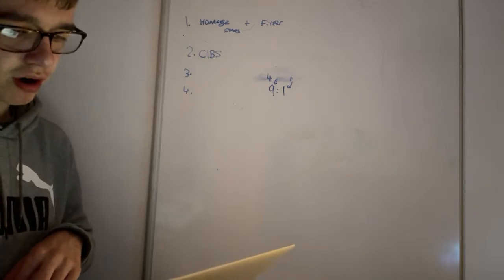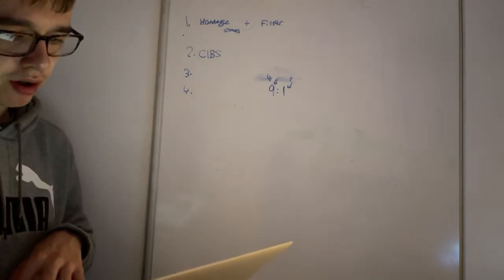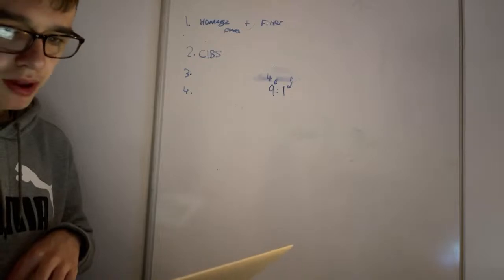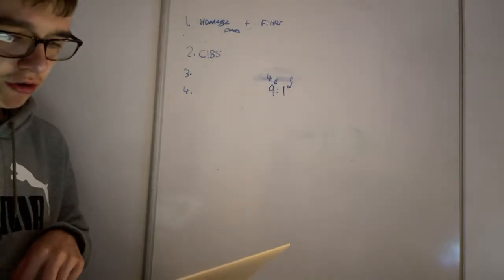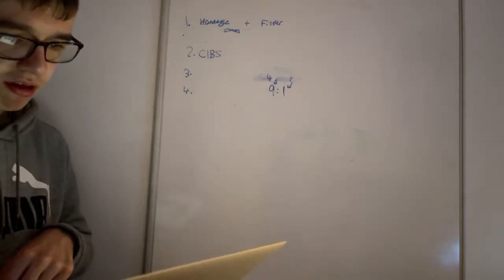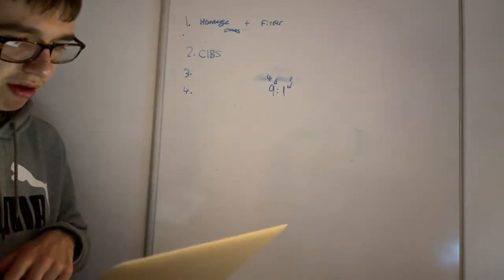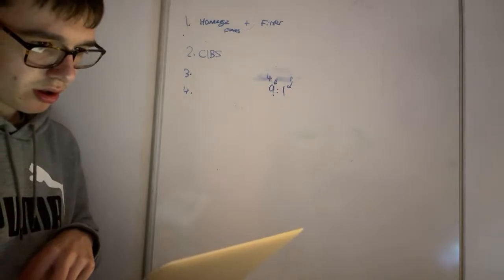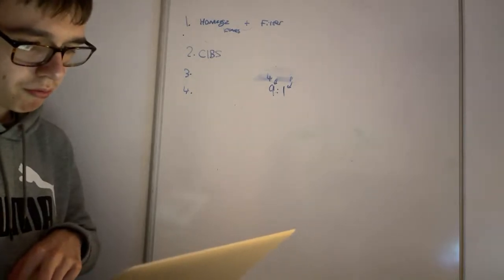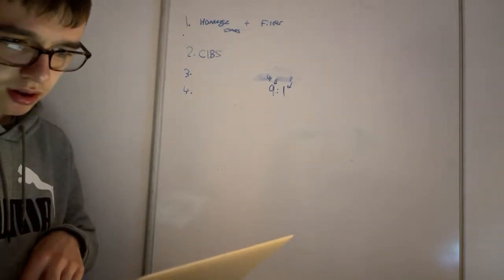Contrast the structure of the two cells visible. What does that mean? Contrast the structure. I guess it means describe the differences of the two cells shown. But I don't even know what these cells are.